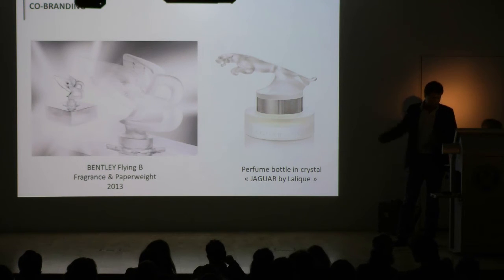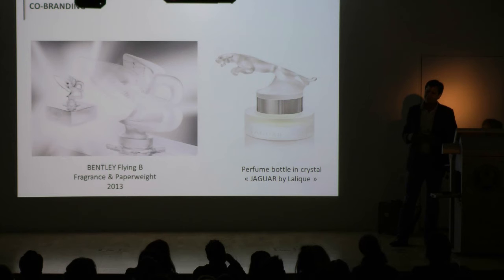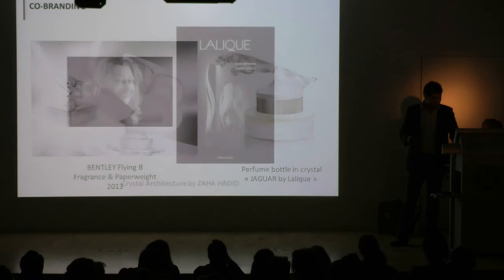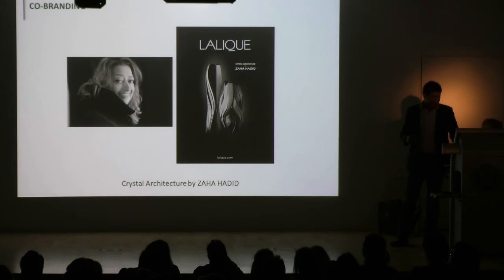And there was also Jaguar by Lalique. That's still in the Queen Mary collection. We did a specific one for her as well. We are now also working with very well-known architects. I don't know if you know Zaha Hadid.